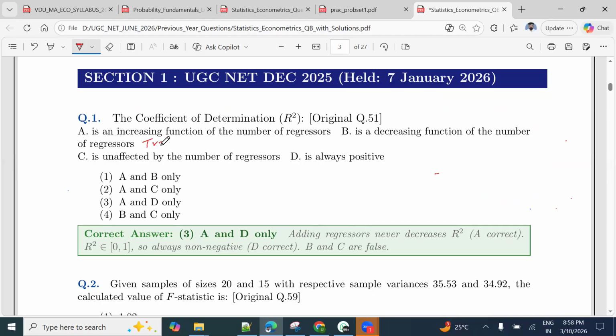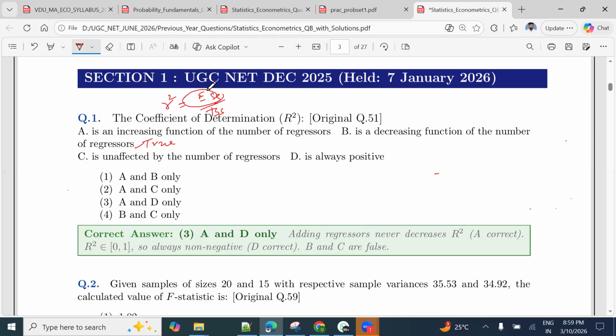This is true. As you said, if we increase the independent variable, then R square is also... You will say that R square is equal to ESS upon TSS. Yes, sir. So ESS depends upon the number of regressors. So ESS will increase when we increase the number of independent variables in a regression model.